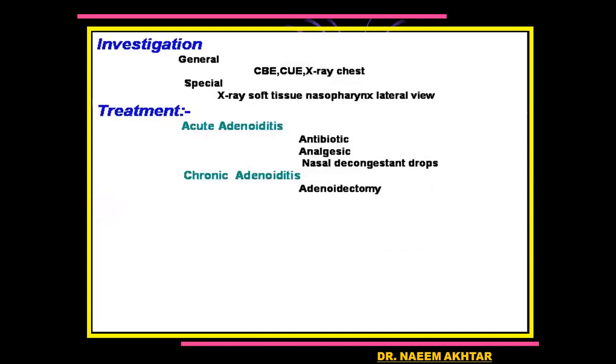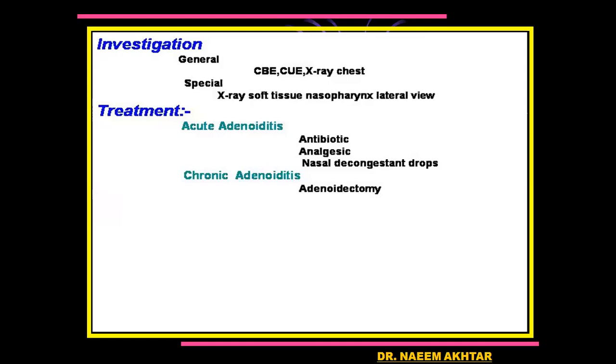Investigations: because we have to operate on the patient, the investigations are usually done to rule out acute infection. And then we may also ask for an X-ray soft tissue nasopharynx lateral view, which may show enlarged adenoids in the nasopharynx.